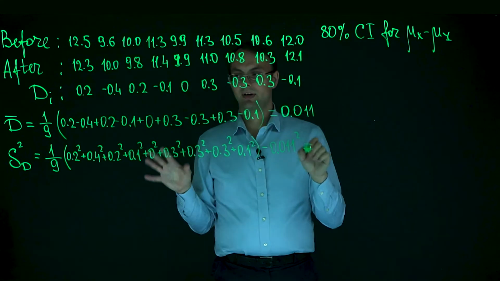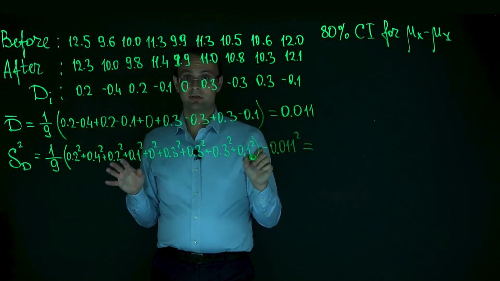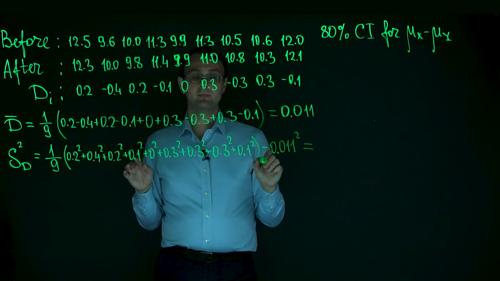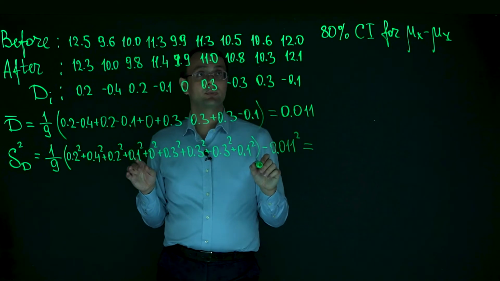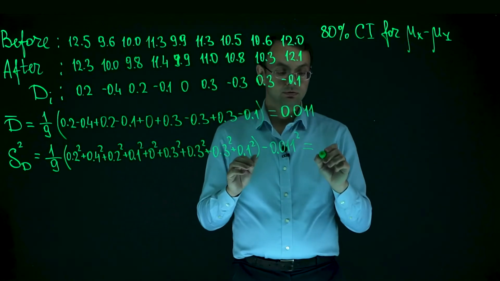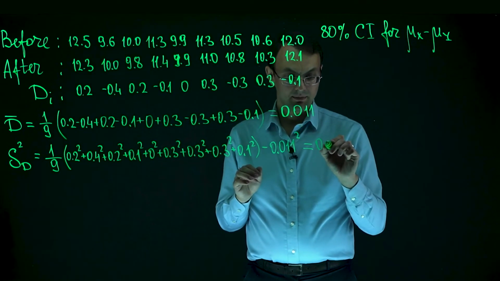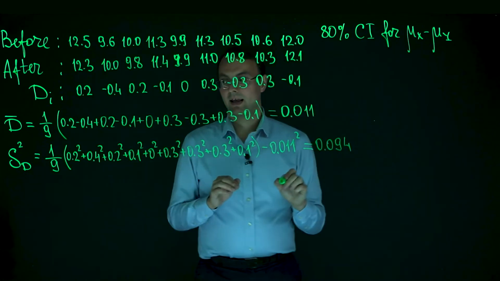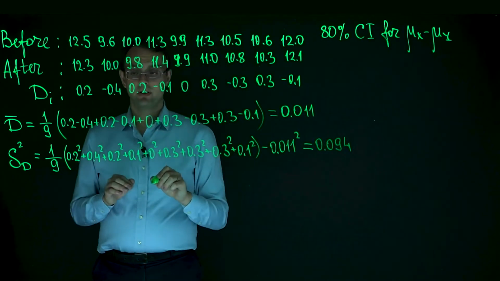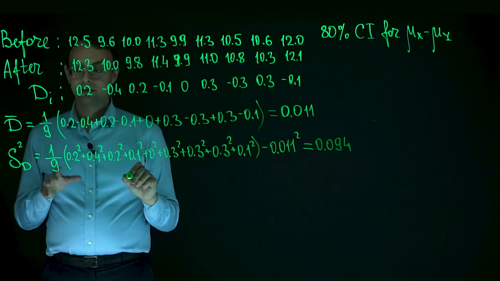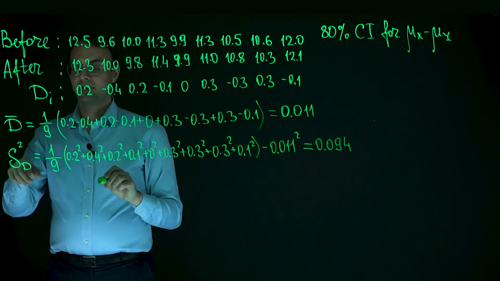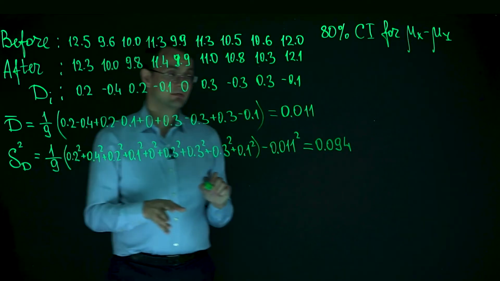If I do all necessary calculations, this will be 0.094 approximately. And for the confidence interval, I need not s squared, but s.